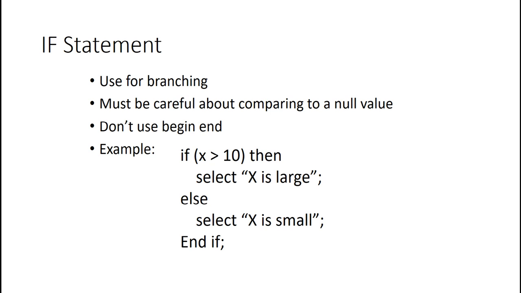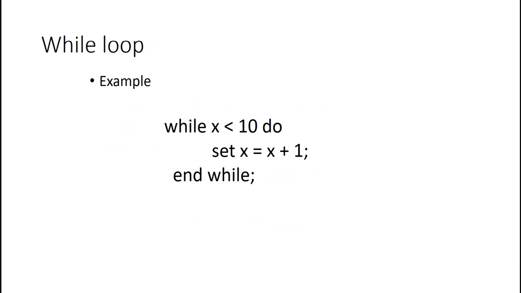So I say if x is greater than 10, then I have this poor print statement where I say that x is large, else I have the select that says that x is small. Now, if x has gotten a null value, is null greater than or less than 10? It's kind of tricky. You don't really want to go there. You want to be careful about that.